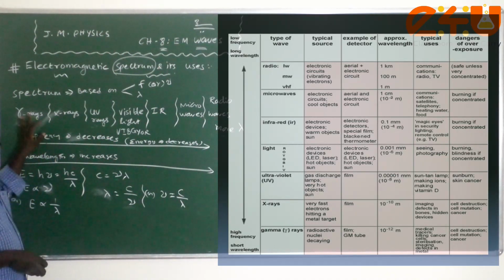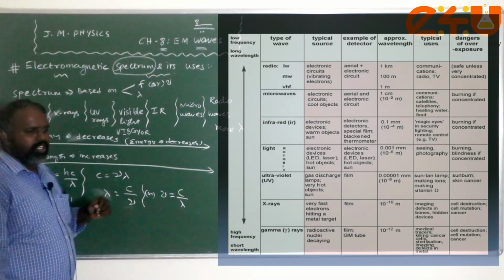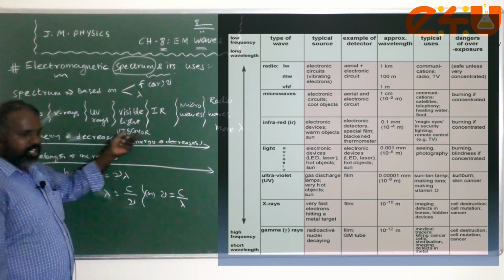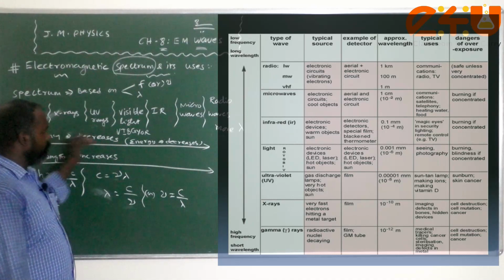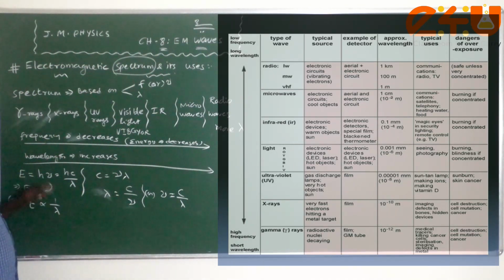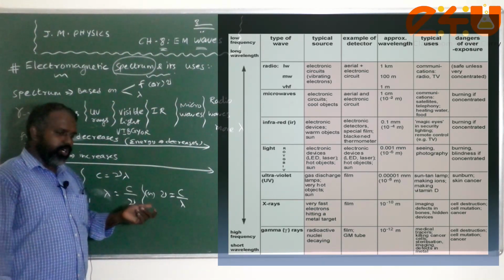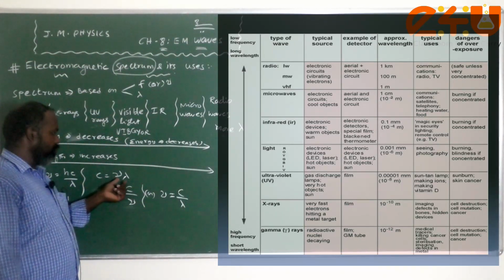Okay children, so I am giving rough information about what the electromagnetic spectrum is and how it is ordered based on frequency values or wavelength values, and how their energy varies with respect to frequency and wavelength, directly proportional, inversely proportional. From the exam point of view, we just memorize either frequency or wavelength.